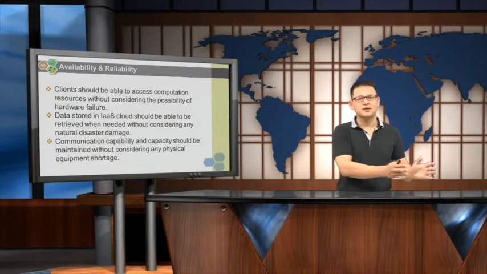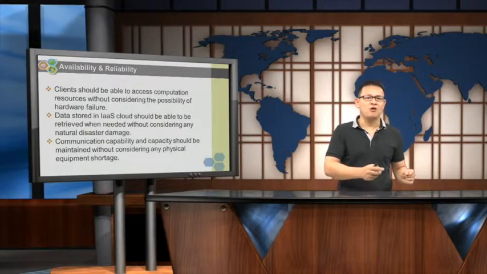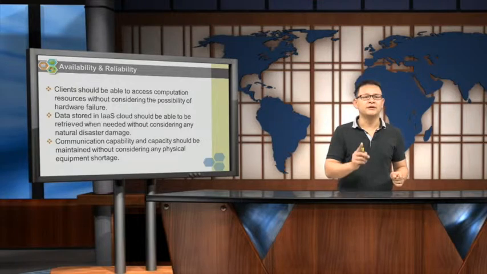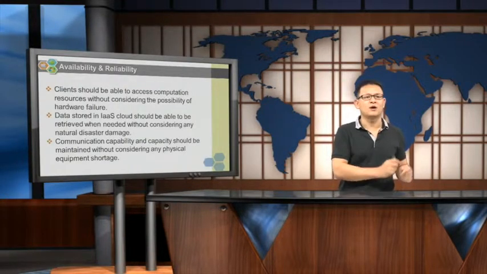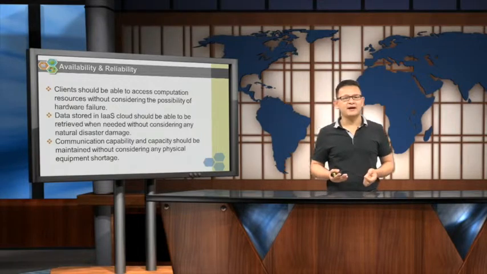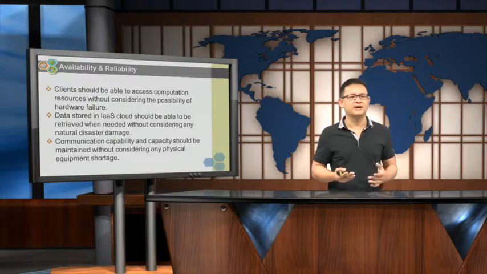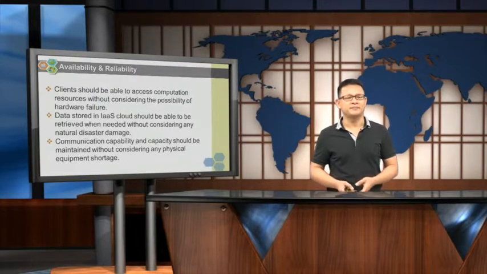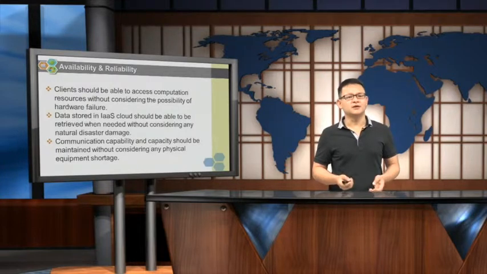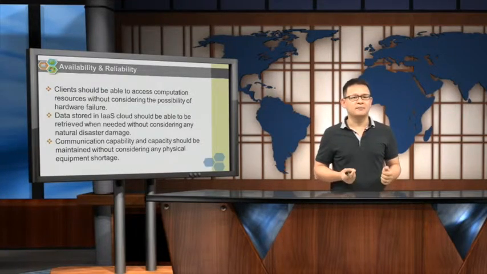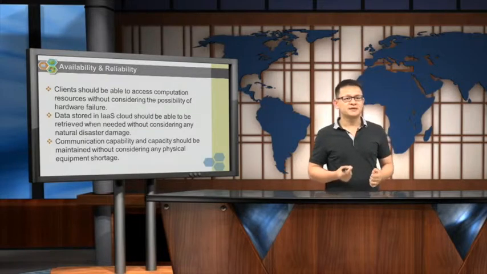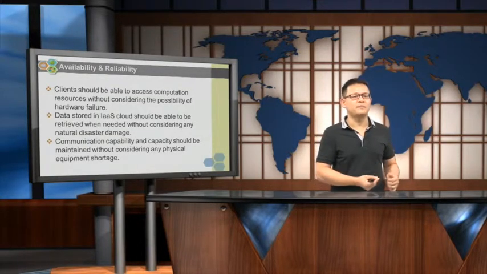In this case, if something goes wrong with an instance, with a resource, you can dynamically create a new instance or redirect the requests to a new instance created to replace the failed one. The data stored in the IaaS cloud also should be able to be retrieved when needed without considering any natural disaster damage. And finally, the communication capability and capacity should be maintained without considering any physical equipment shortage.